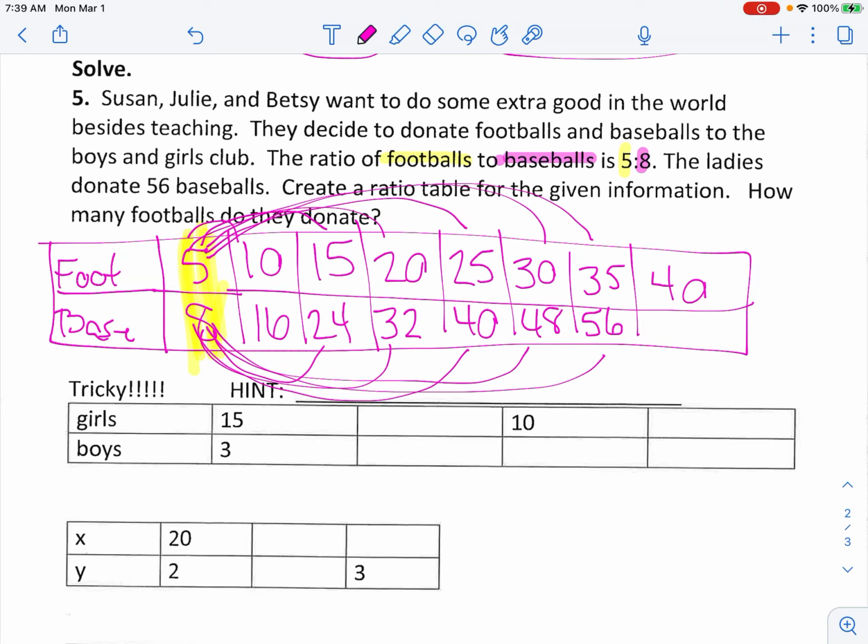Oh, I think that was the number we're looking for. The ladies donate 56 baseballs. How many footballs do they donate? So now we're going to focus on if the ladies donated 56 baseballs, that means they also donated 35 footballs.